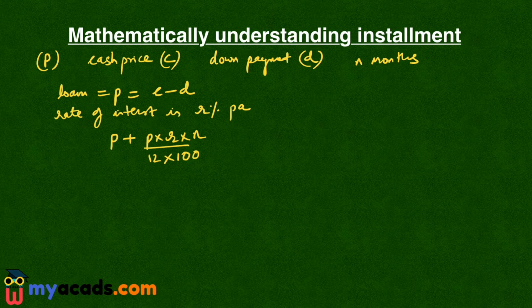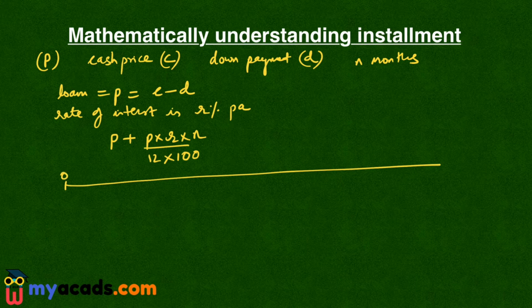Now the person says to the shopkeeper that instead of paying this complete money after n months, the person will pay this money in equal monthly installments. So my timeline will be something like this. This is 0, this is 1, this is 2, this is 3 and so on, and finally it is n.